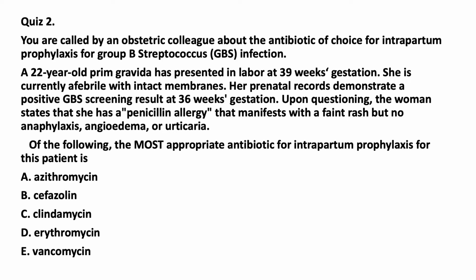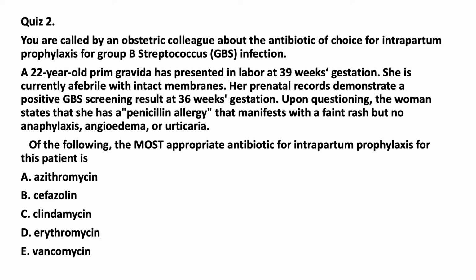A second quiz: you are called by an obstetric colleague about the antibiotic of choice for intrapartum prophylaxis for group B streptococcal infection, in a patient who is a 22-year-old primigravida who has presented in labor at 39 weeks gestation. She is currently afebrile with intact membranes. Her prenatal records demonstrate a positive group B streptococcal screening result at 36 weeks gestation.